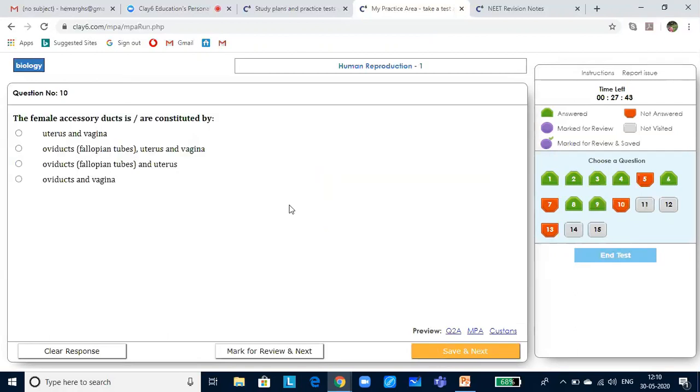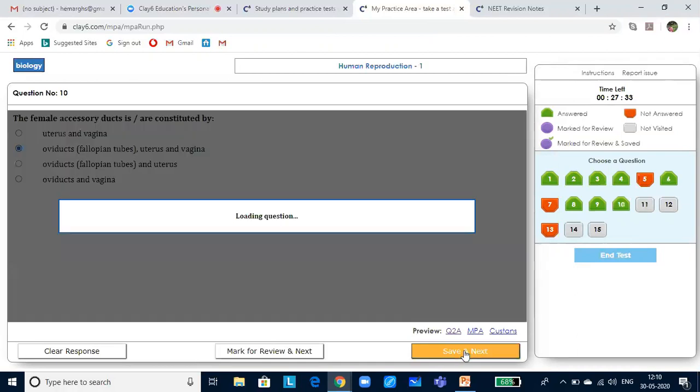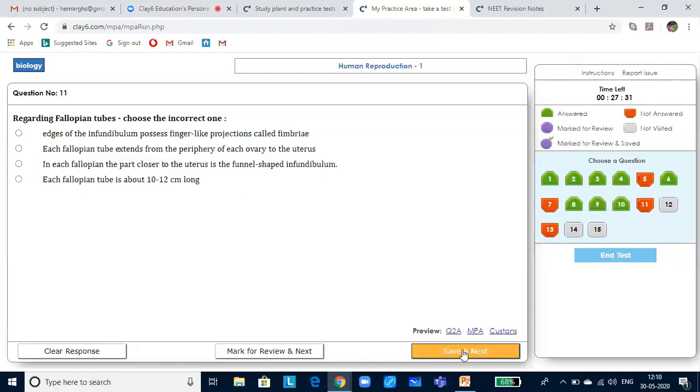The female accessory ducts are constituted by oviducts, that is fallopian tubes, uterus and vagina. Regarding fallopian tube, correct: funnel-shaped infundibulum.